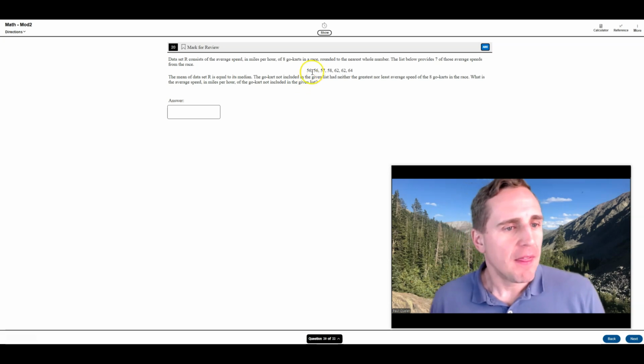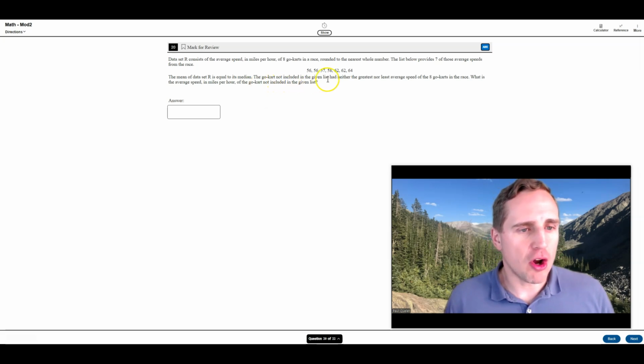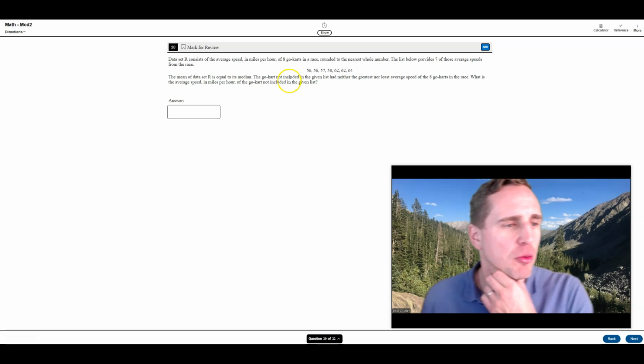Here's the idea. The least speed is 56. The greatest speed is 64. The unincluded go-kart had to have a speed that is greater than 56 and smaller than 64. Let's make sure we understand that.